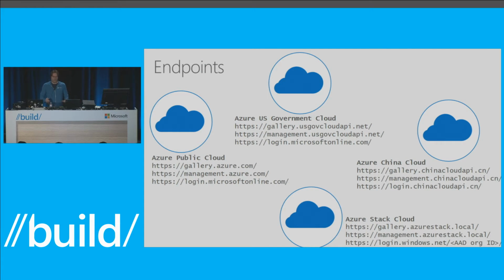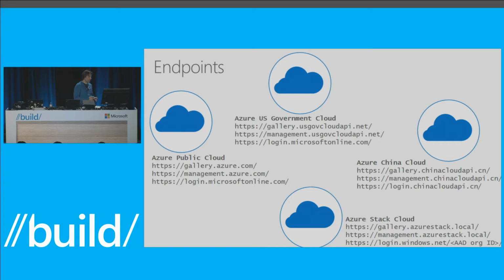So, endpoints. All these clouds are different instances of a cloud. They are actually not accessible through a single endpoint, on purpose. Azure China has a different URL on purpose. Azure Stack will have a different URL on purpose, because it's independent, and you want it to be that way.